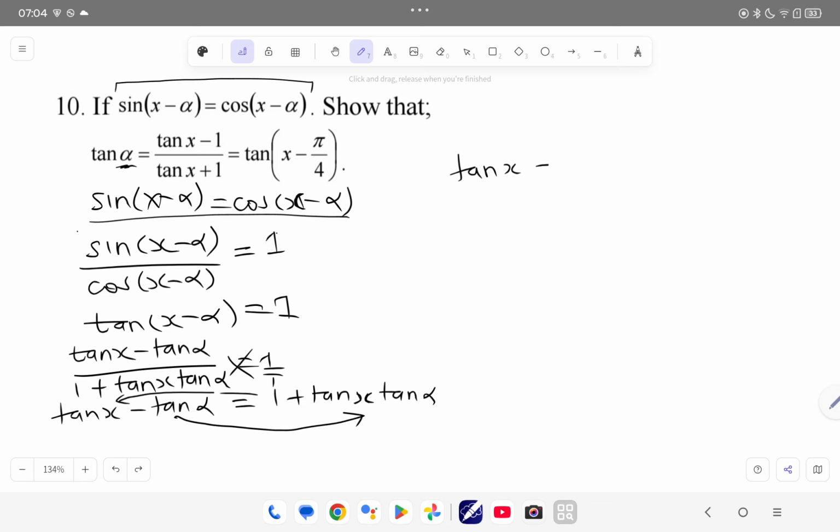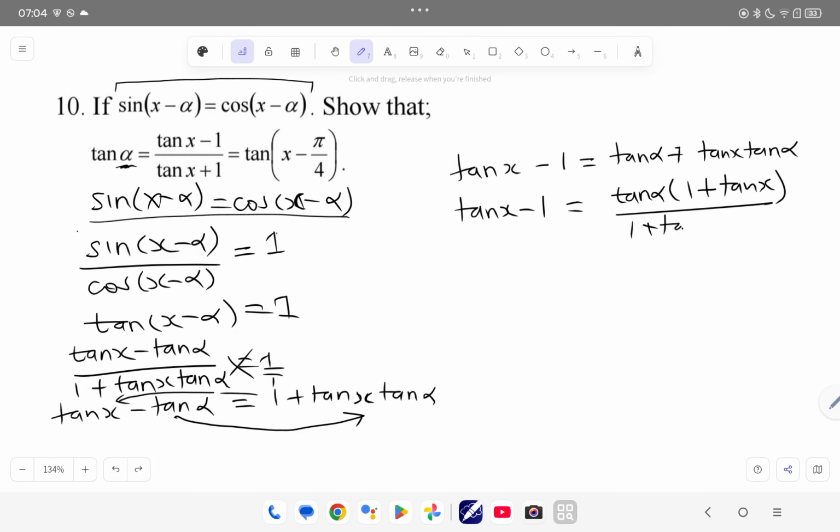tan x minus 1 is equal to tan alpha plus tan x tan alpha. So tan x minus 1, tan alpha is common, 1 plus tan x.